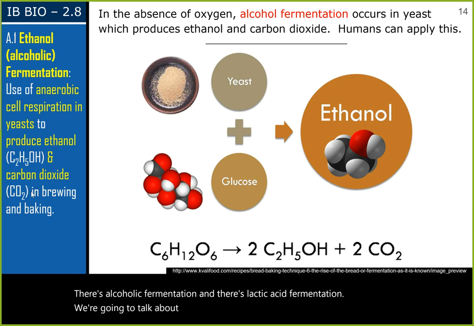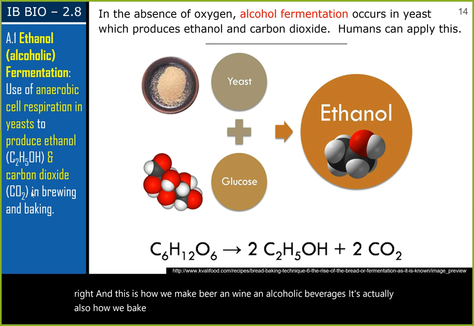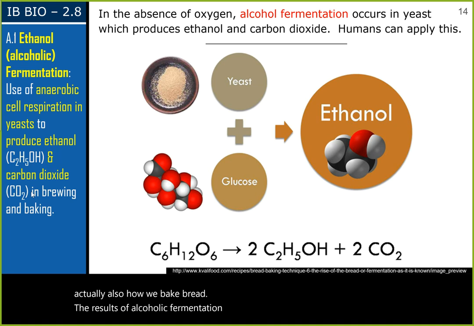And this occurs in yeast, right? And this is how we make beer and wine and alcoholic beverages. It's actually also how we bake bread. The results of alcoholic fermentation are ethanol, which is alcohol, and carbon dioxide. And we use that chemistry to create good stuff.